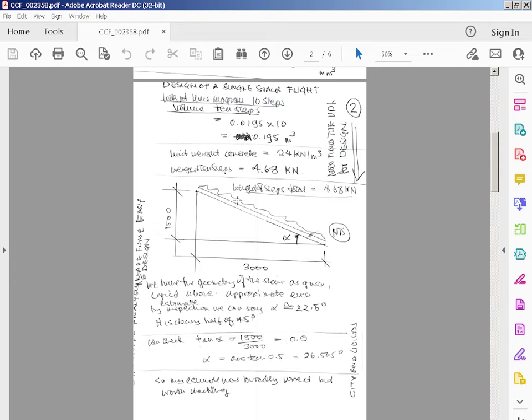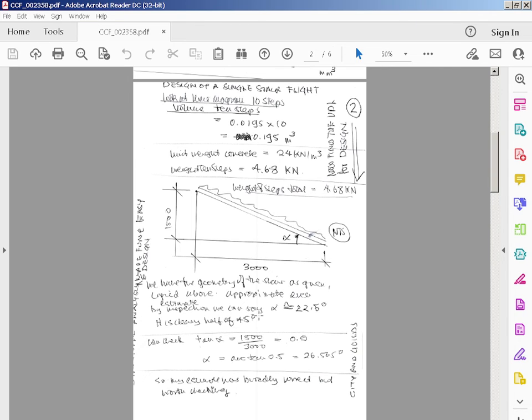So now we need to find out the unit loading for the design. We have the geometry of the stair as given, approximate area by inspection. It's supposed to span 3,000 horizontally and rise 1,500. So in theory, alpha should be about 22.5, because if it was 45 degrees, it'd be 3,000 up and 3,000 along.